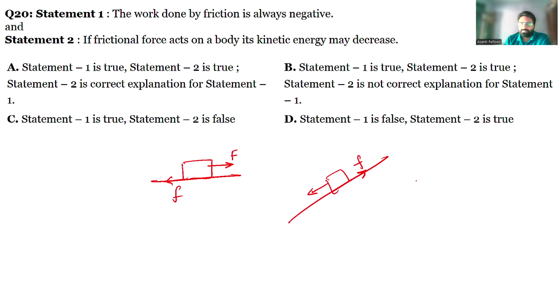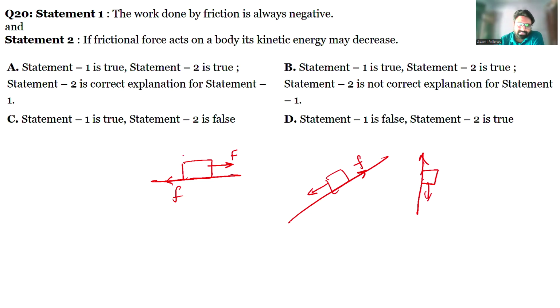If this block is moving like this, then the friction will always act opposite to the relative motion. So frictional force always opposes the relative motion. But whatever the displacement that we are traveling with any kind of force, the frictional force always acts opposite to the displacement.